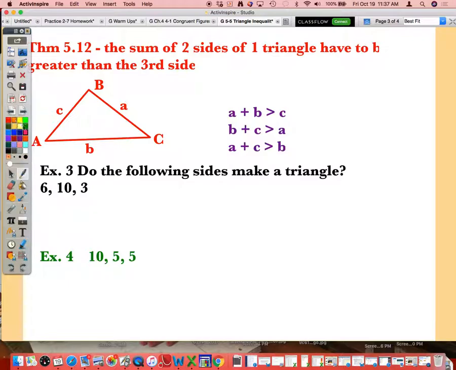So what are we doing? Taking the smallest and medium, the two shortest sides, and it should be greater than the third side, or the longest side.